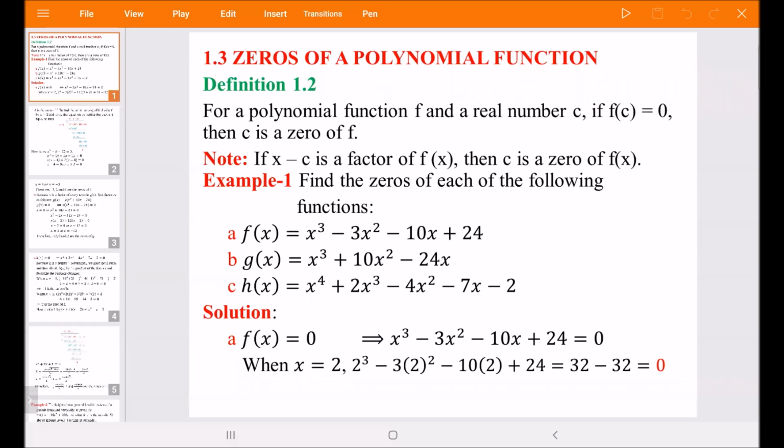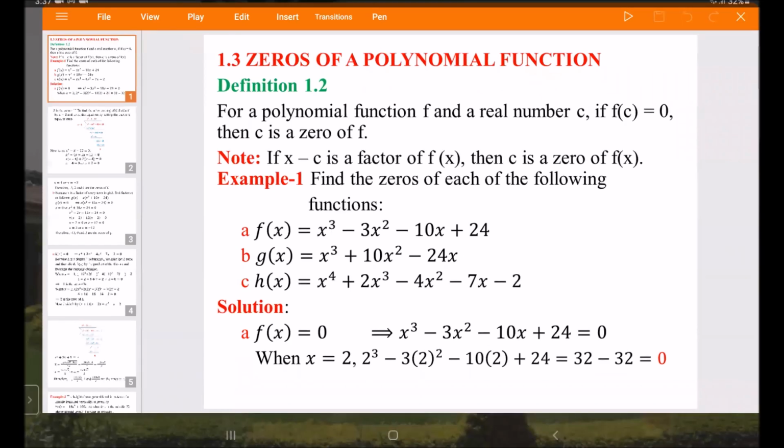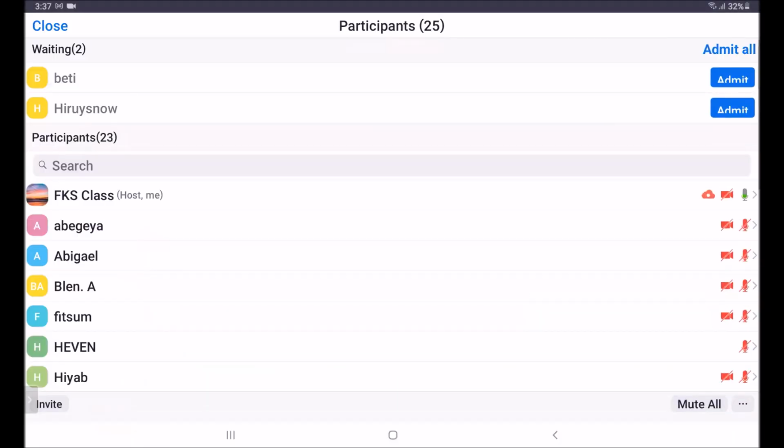Here, let me ask you one question. The real number is the union of dash and dash numbers. What is the correct answer for this? A real number is the union of dash numbers and dash numbers. Integers and rational numbers.